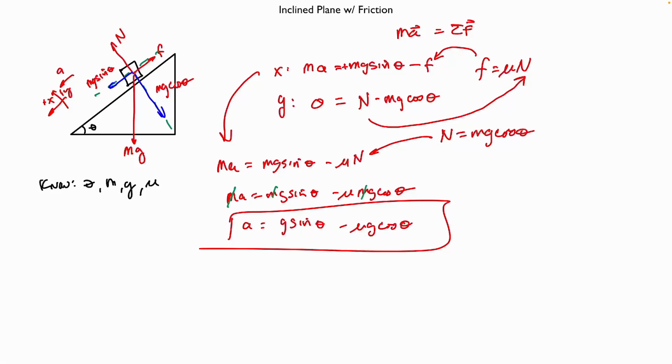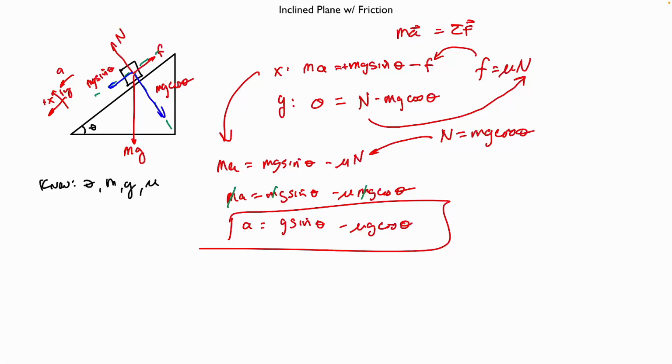Because if mu is 0, how much friction is there? 0. And what do we have? We have exactly the same thing we got with the cow when there was no friction, right? So we already know the form of our answer is obeying what happens if we don't have friction, right?